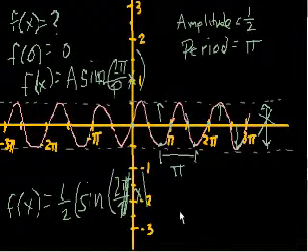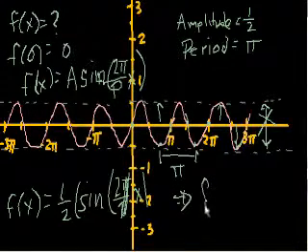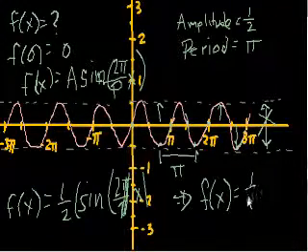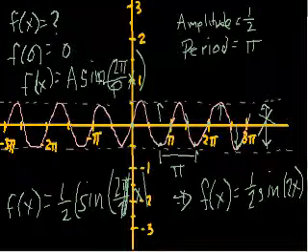The pi's cancel out, and we get f of x equals 1/2 sine of 2x.